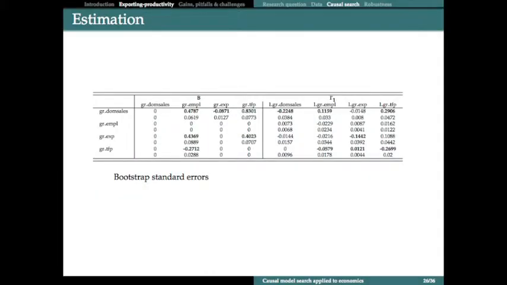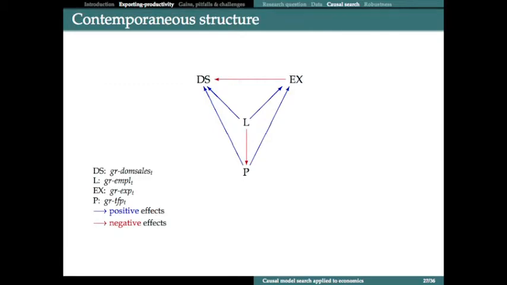So, these are the numbers that we get. These are standard errors obtained through bootstrap. And what you get here is the matrix of the contemporaneous effects, and the matrix of the lagged effects. So in this application, we have employment driving all the other variables.